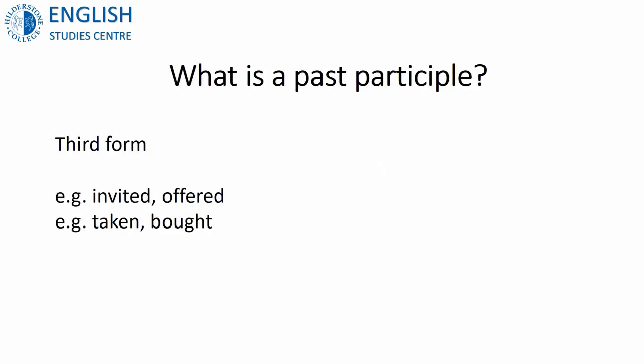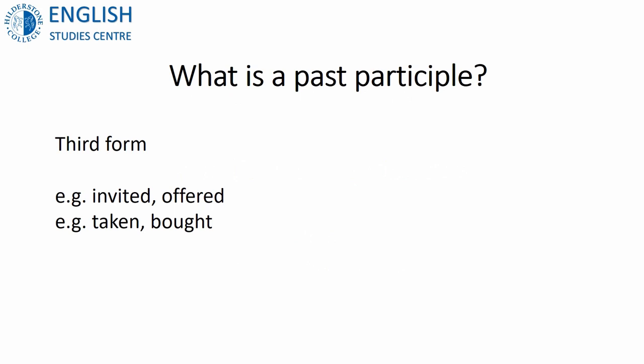Okay? So, the past participle is also known as the third form. So when you look at those tables of irregular verbs, it's the form that's in the third column. So if you take the verb take as an example, the infinitive is take, the simple past form is took with double O, and the third form or past participle is taken.